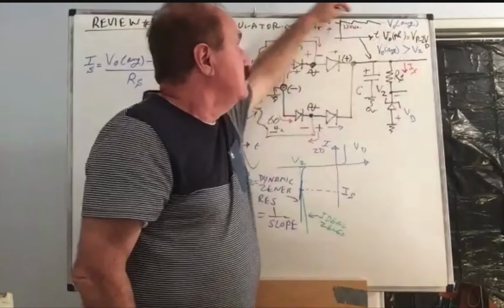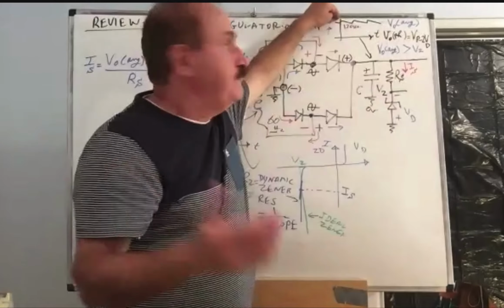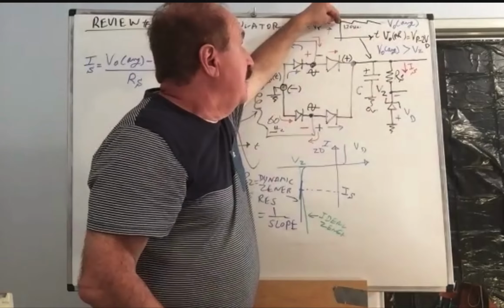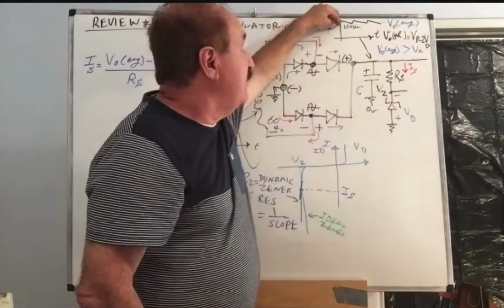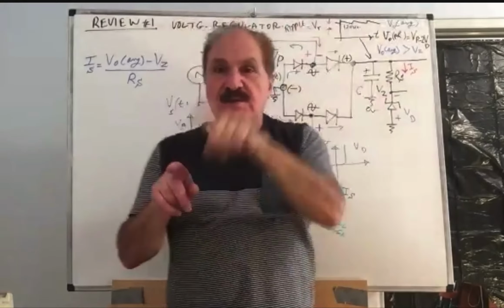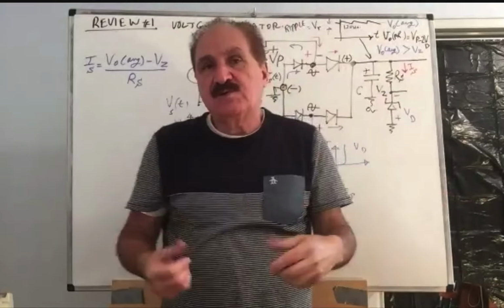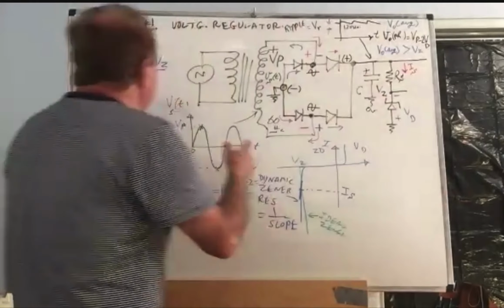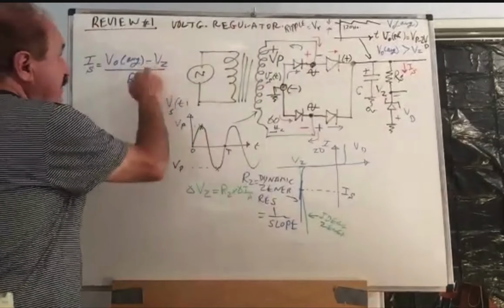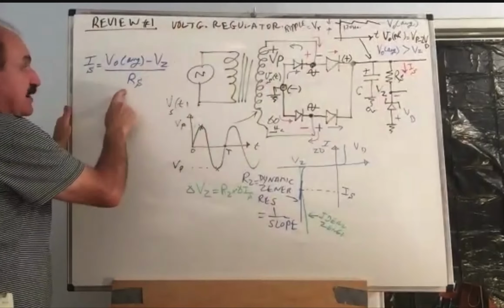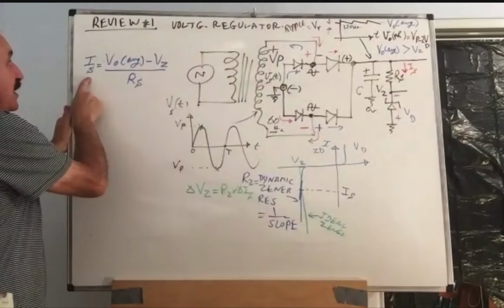So the current is likely to change. Why? Ripple is one of them. So if my ripple is changing from 9.5 to 10.5, the peak-to-peak ripple is 1 volt. So divide that 1 volt by the RS, you will get delta of IS.